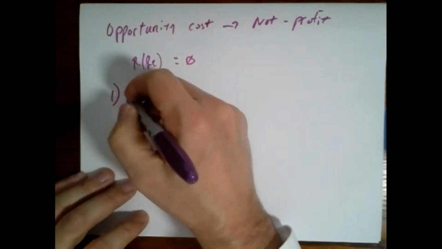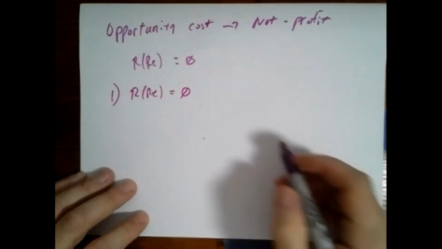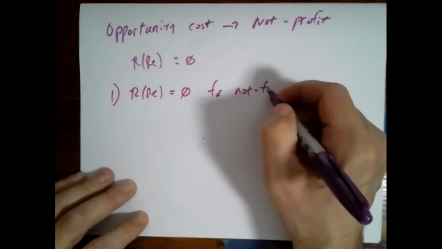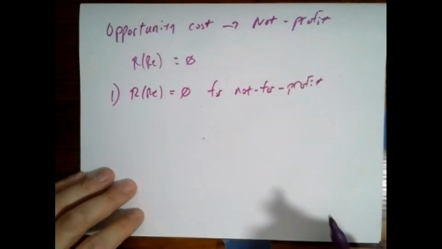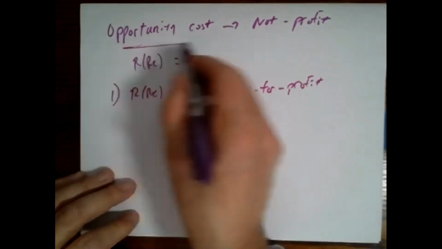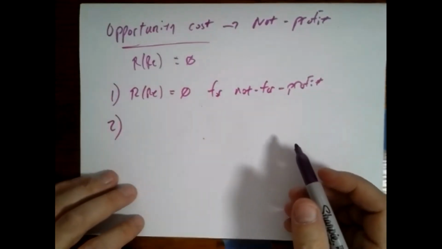So option one would be that the required rate of return on equity for a not-for-profit is just zero. But that's not a good measure. That doesn't respect the fact that there really is an opportunity cost. So that's not likely.